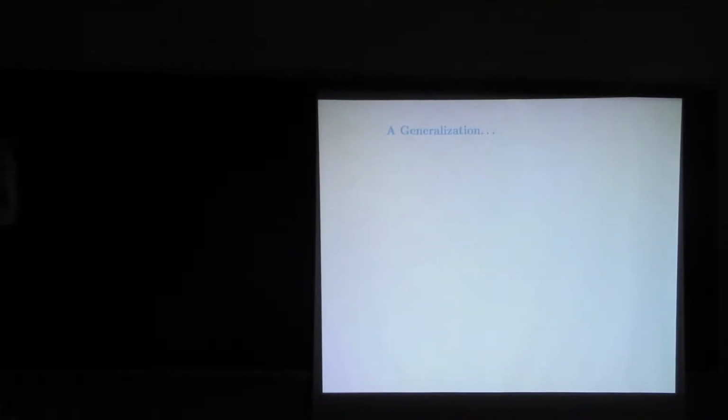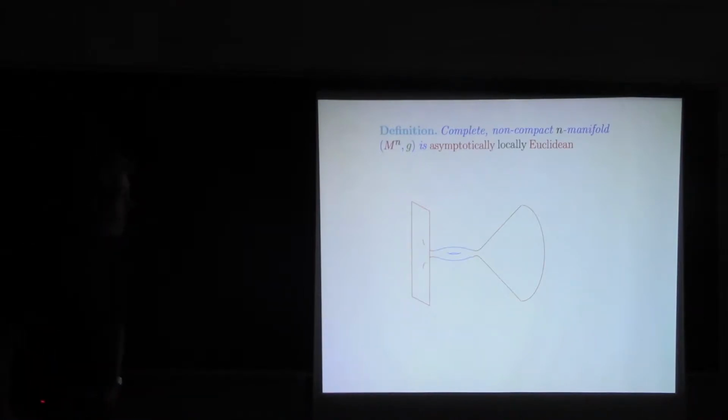All right, so we've been talking about asymptotically Euclidean manifolds, but here's an important and interesting generalization called asymptotically locally Euclidean manifolds. And these are called ALE spaces because, of course, they were discovered over pints of beer in a pub.